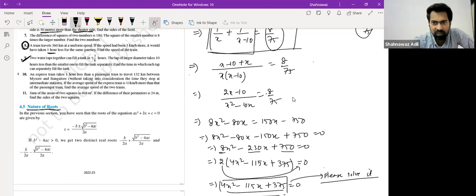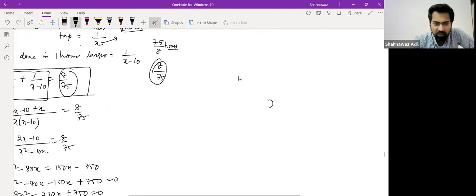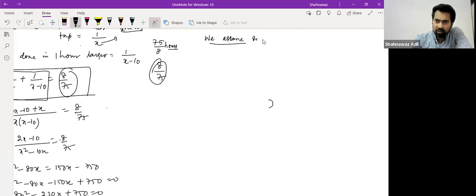Any doubt in this question? Let me repeat that for you. What we did is that we assumed that the smaller tap takes x hours to fill the tank, and the larger one takes x minus 10 hours.